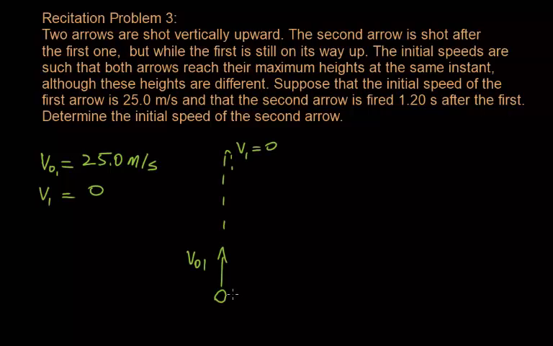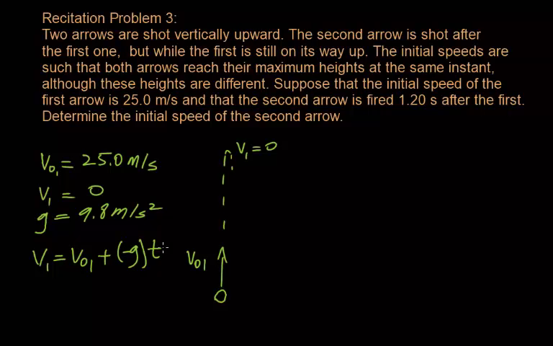And here is the object going up in the air and is going to end up at the highest point with 0 velocity. Now, since gravity is known, g equals 9.8, we should be able to solve for the time it takes the object to reach the highest point. If you know the final velocity and initial velocity, that's a very easy task. v1 at the top equals v01 plus negative g times t.